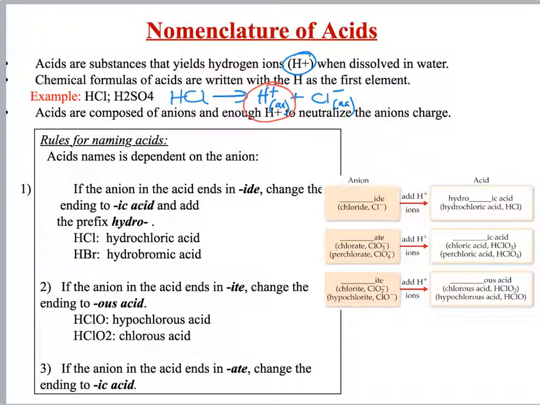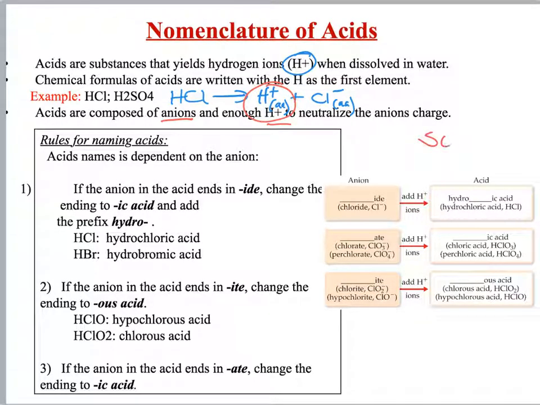So one of the things that we know is that acids are composed of anions, just like we said, a chloride anion, and enough hydrogen ions to neutralize whatever that charge is. So when we have chloride, which has a -1 charge, we then know that with a -1 charge, we need 1 hydrogen ion. For something like H2SO4, we know that SO4 2- is the actual compound.